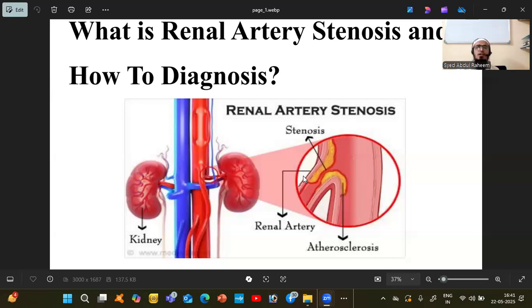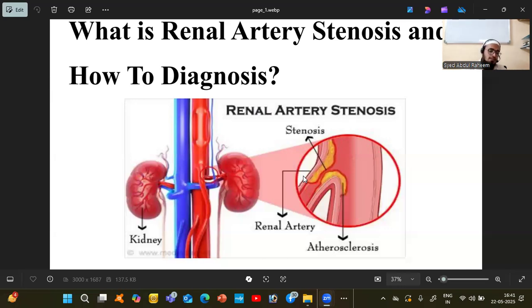This leads to renal artery stenosis. So stenosis happens and a large amount of pressure is generated there. It leads to less blood supply to the kidney, but pressure increases. This will happen in renal artery stenosis.